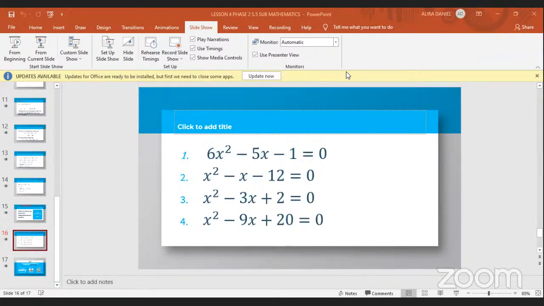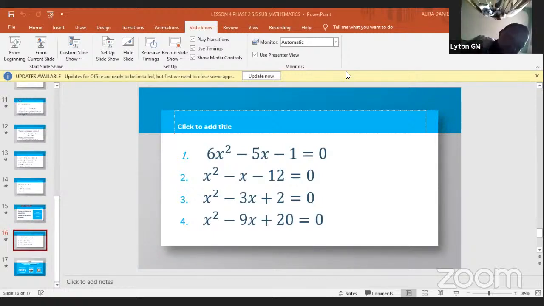So then we do first weight. 6x squared minus 6x plus 1x, minus 1.